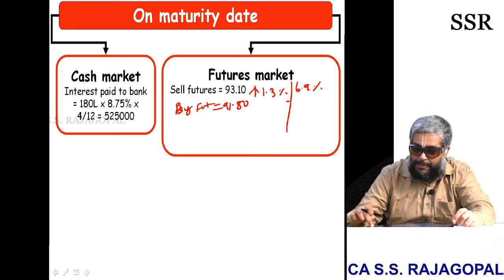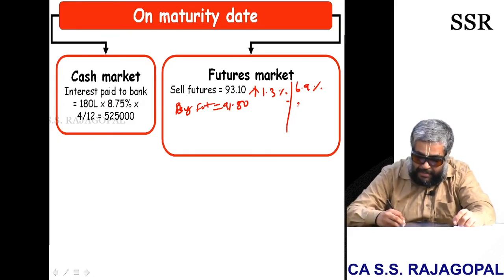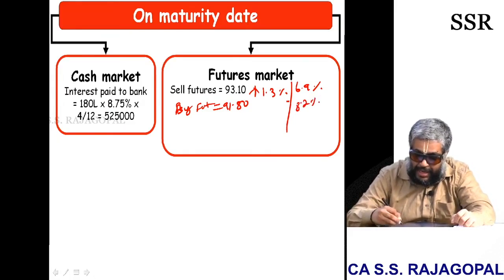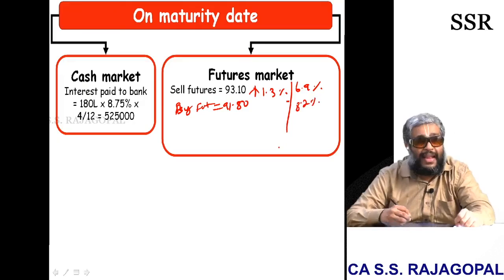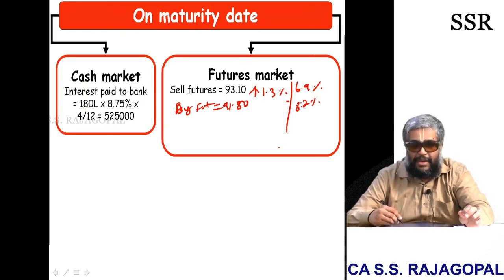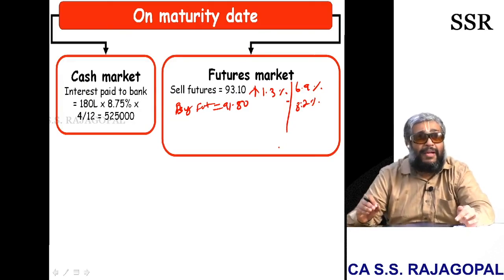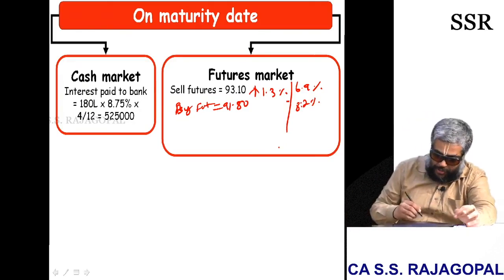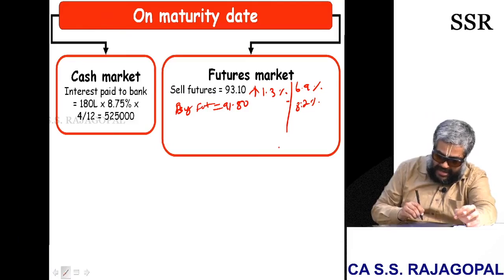So 6.9 plus 1.3, now the interest becomes 8.2%. 8.2% is called what? 91.8. So for a loan worth 8.2% interest, I had agreed for 6.9, I am making a 1.3% gain. That is what I am trying to communicate here. Everybody understanding my discussion or not?